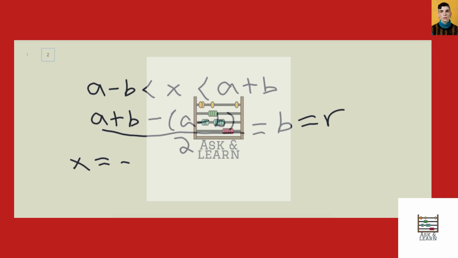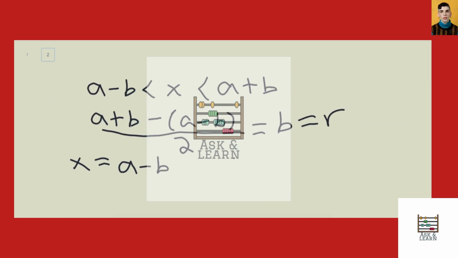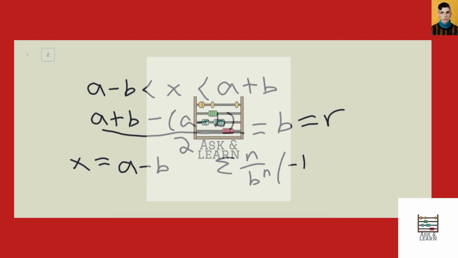So now we check to see what happens when x is a minus b. When we plug in a minus b in here, we get n over b to the n. And plugging in a minus b, the a and the minus a will cancel. So we have minus b to the n. Minus b to the n is minus 1 to the n times b to the n.